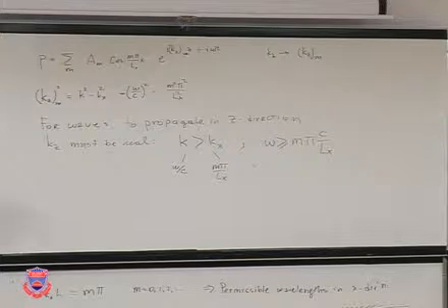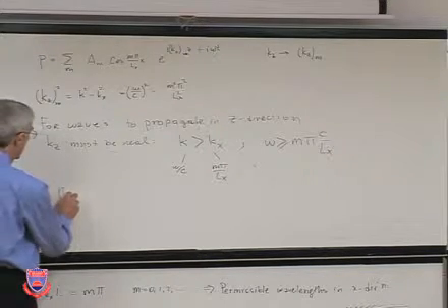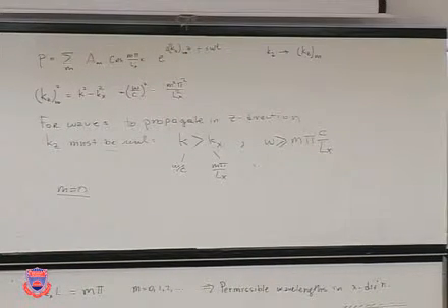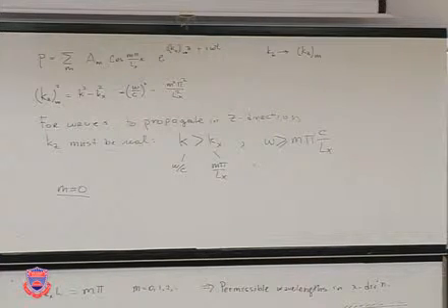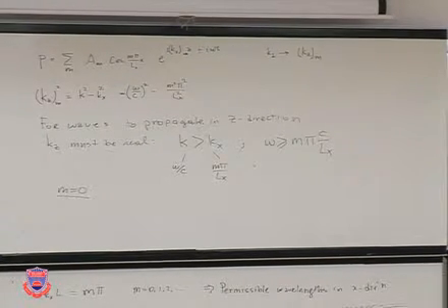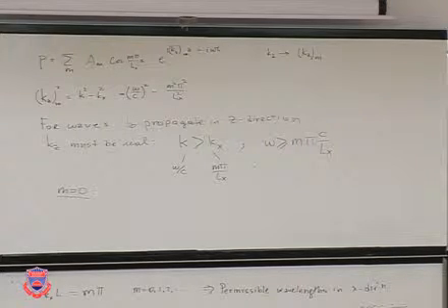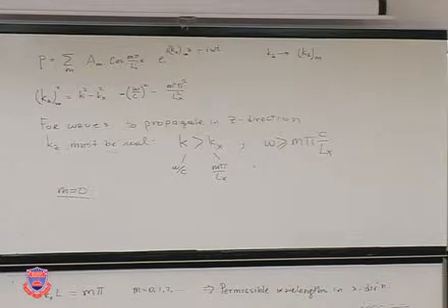Now, what happens if m is 0? Because that's one of the permitted values. What's m equals 0 mean? Just think about it. You have all the information on the board. What's m equals 0? Think physically. What happens?